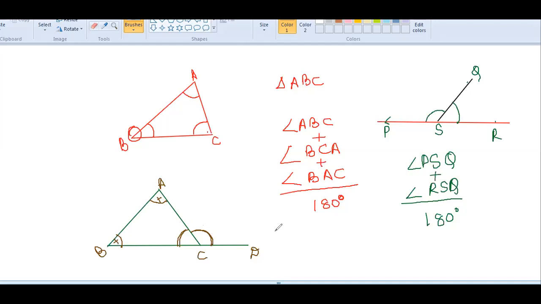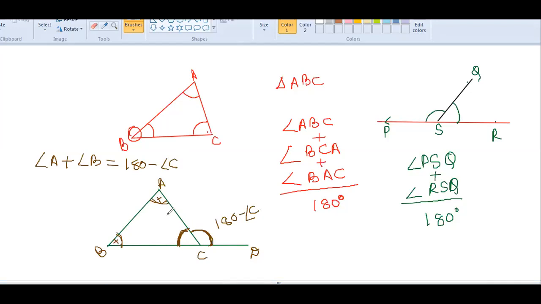If you subtract, it becomes 180 minus angle C. So angle A plus angle B will be equal to 180 degrees minus angle C. And this angle will also be 180 degrees minus C. It means this angle is equal to the sum of these two angles, right?